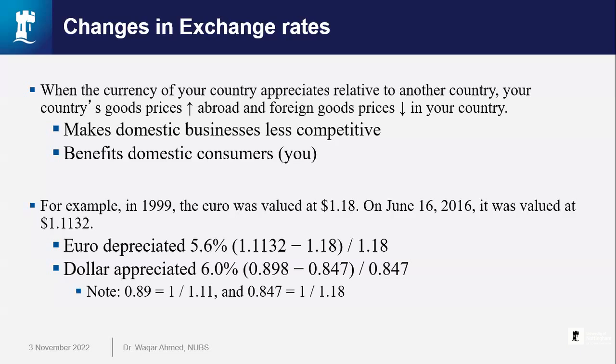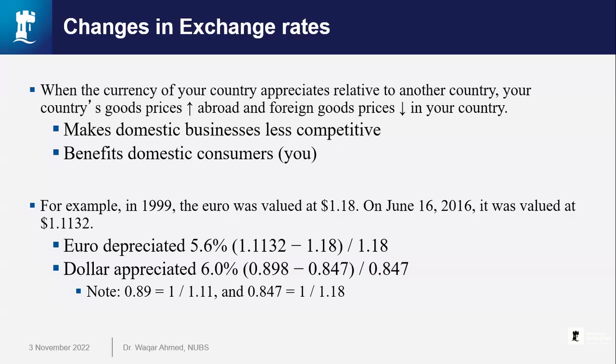You can calculate the rate of depreciation by using the basic formula, right? Which is the new rate minus the old rate divided by the old rate. If one currency has depreciated, by default it means the other currency must have appreciated, right? So similarly, you can calculate the rate at which the dollar has appreciated over this period.